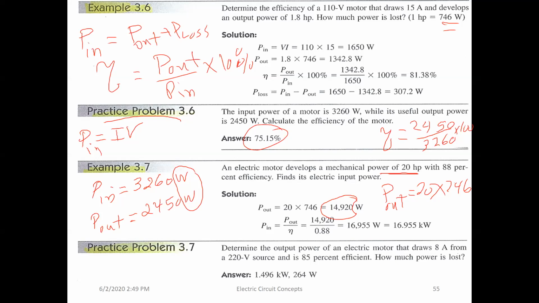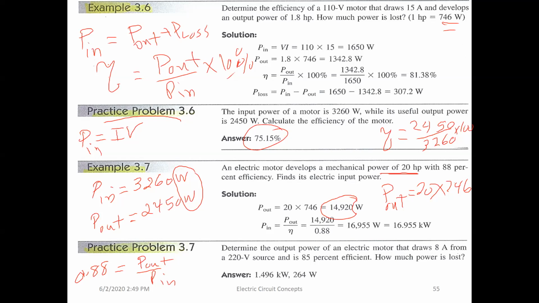So again, we use the same formula here. The efficiency is given, so it will be 0.88 equal to P out over Pin. Now, since I converted the 88 percentage into 0.88, there's no need for the 100%. Or if you keep it as 88, you have to divide by 100.